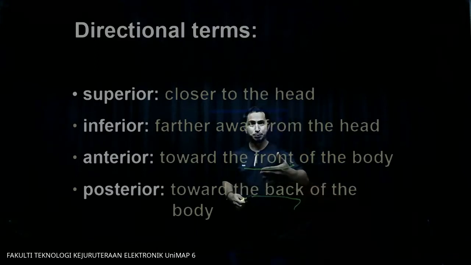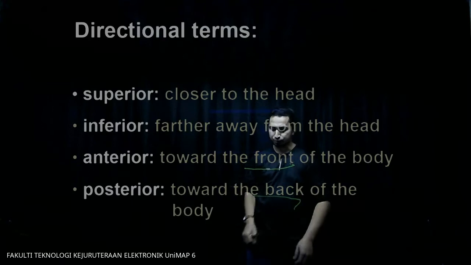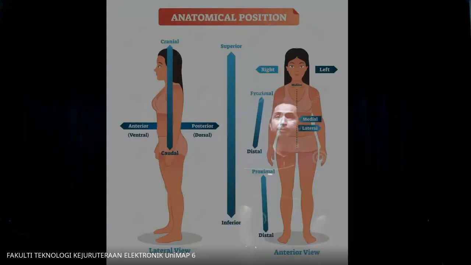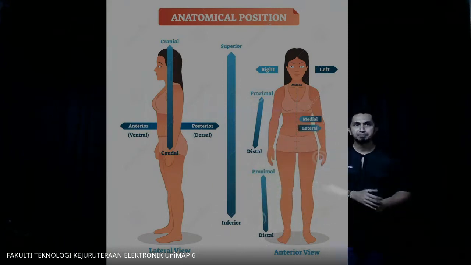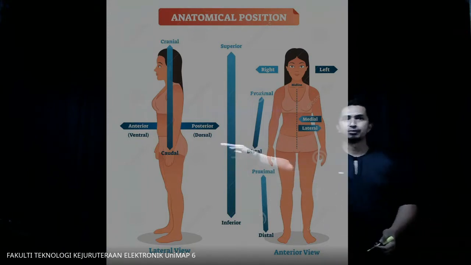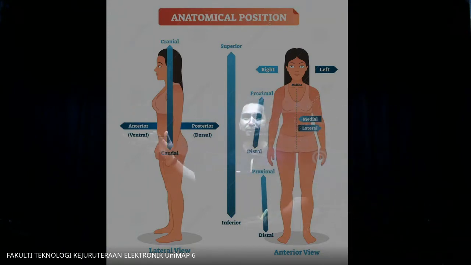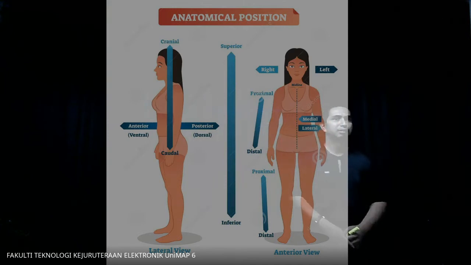Front is anterior, back is posterior. From this figure, it also shows you what is superior and what is inferior. And then we have anterior, the front part of the body, and the posterior, the back part of the body.